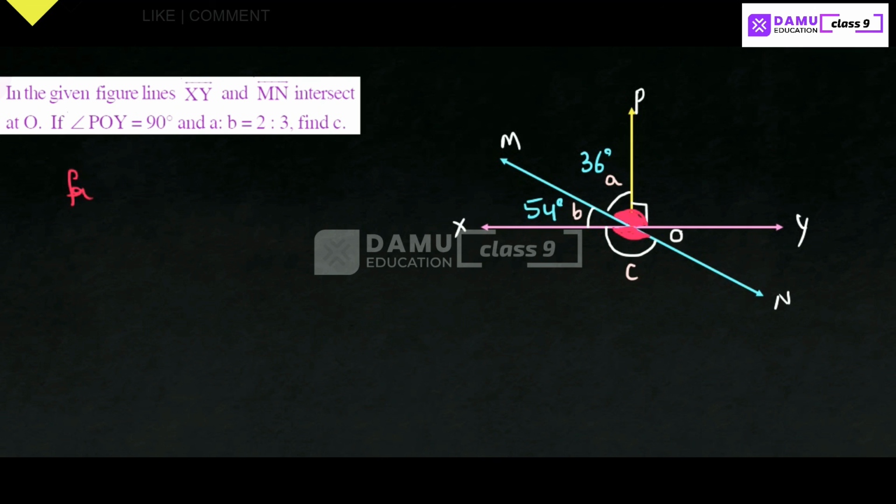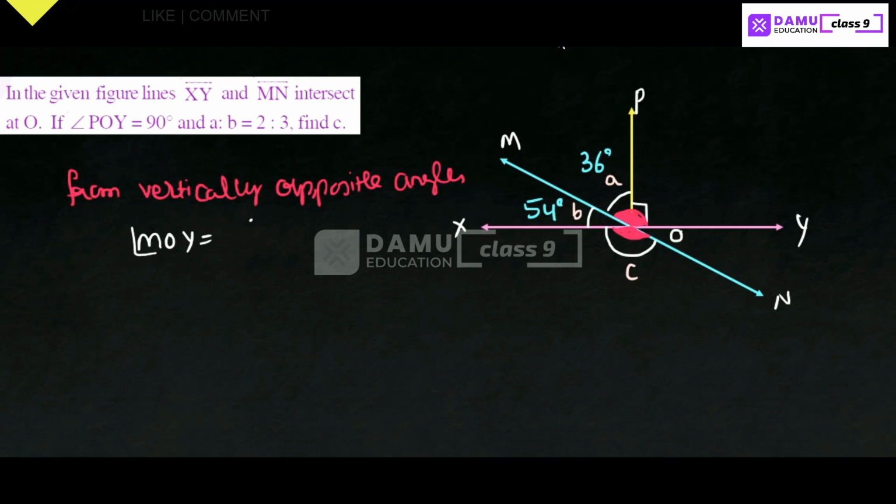From vertically opposite angles, you can say here angle MOY will be equal to angle XON. So angle MOY is nothing but, both are equal. From there you can calculate. Angle MOY is nothing but angle MOP plus angle POY.